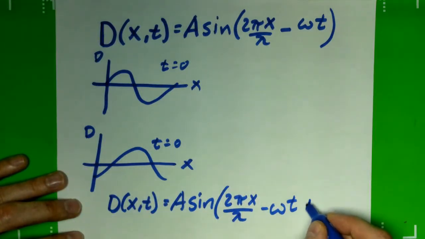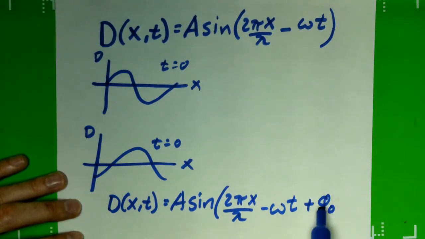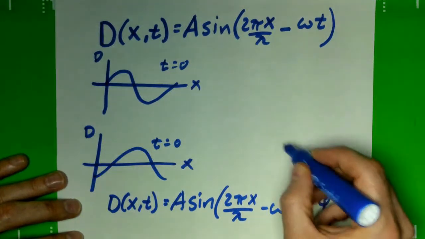And then we just add what we call a phase constant. That's a Greek letter phi. It's a circle with a line going down. We call it phi naught, our phase constant.